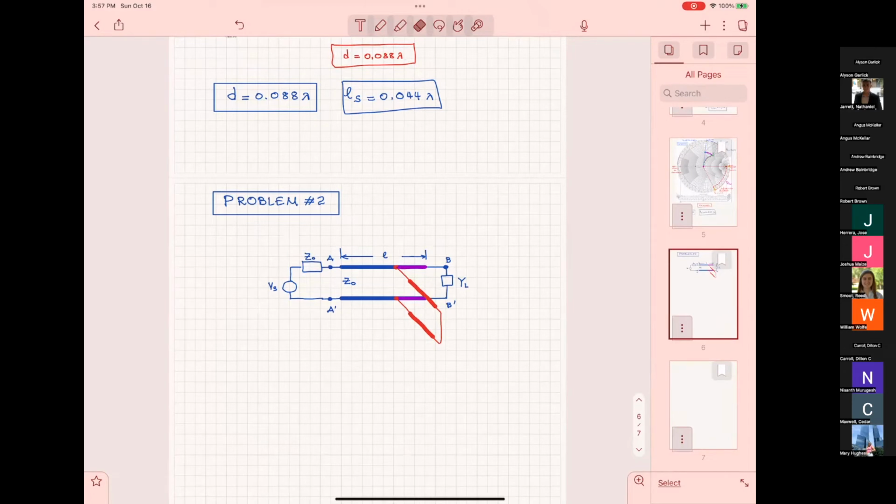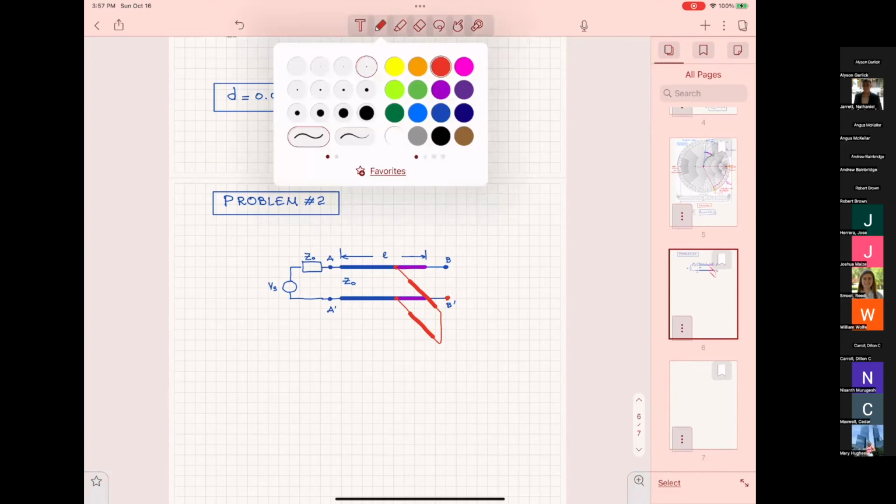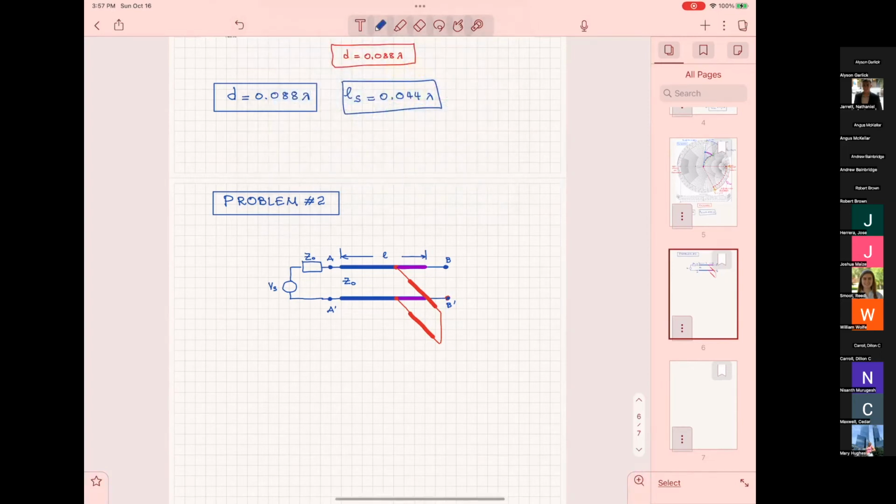Let me assume now that here is ZL. It does not matter. I will put YL. I'll put an R and C.